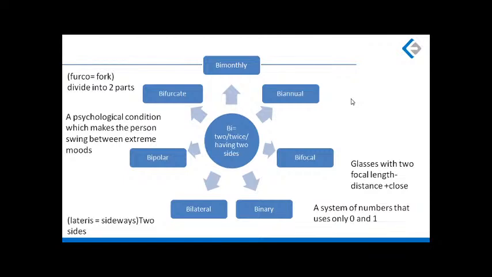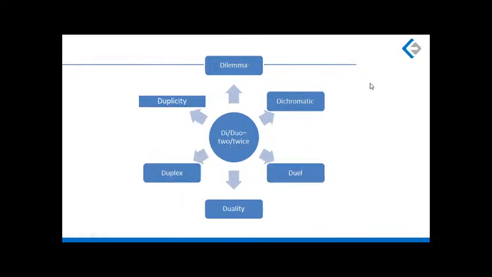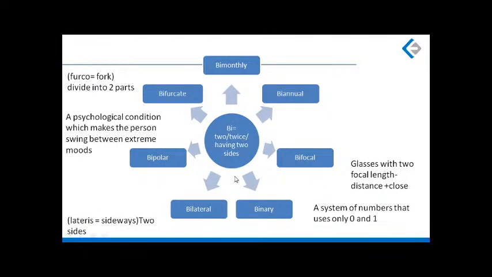Bifurcate, from the root fork, means to divide into two parts. You have the word bi-monthly, which means something that happens after every 2 months.